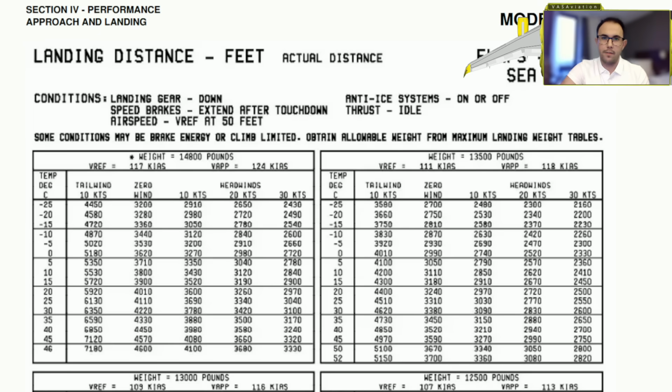It's VREF. Of course, the VREF is higher because we are heavier and we need more airspeed in order to not stall the aircraft. But even though the VAP is higher than 120, I don't care about the VAP for this purpose. The VREF is between 91 and 120, so we are category B.